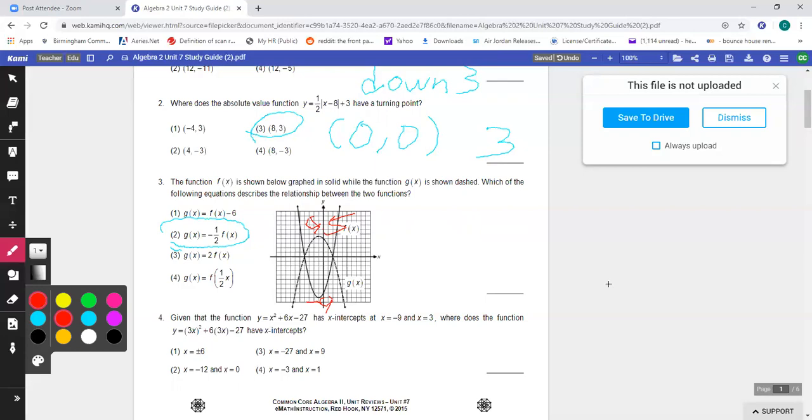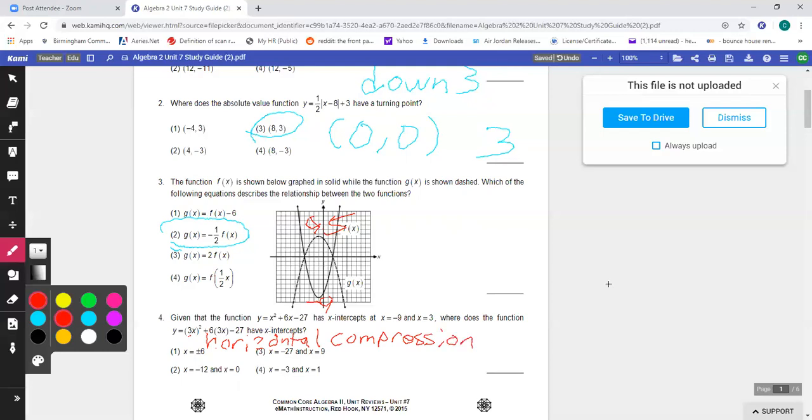Now, number 4, given that the function y is equal to x squared has intercepts at -9 and 3, where does this function have x-intercepts? Now remember, if you are multiplying the x by 3, this is a horizontal compression. Okay.